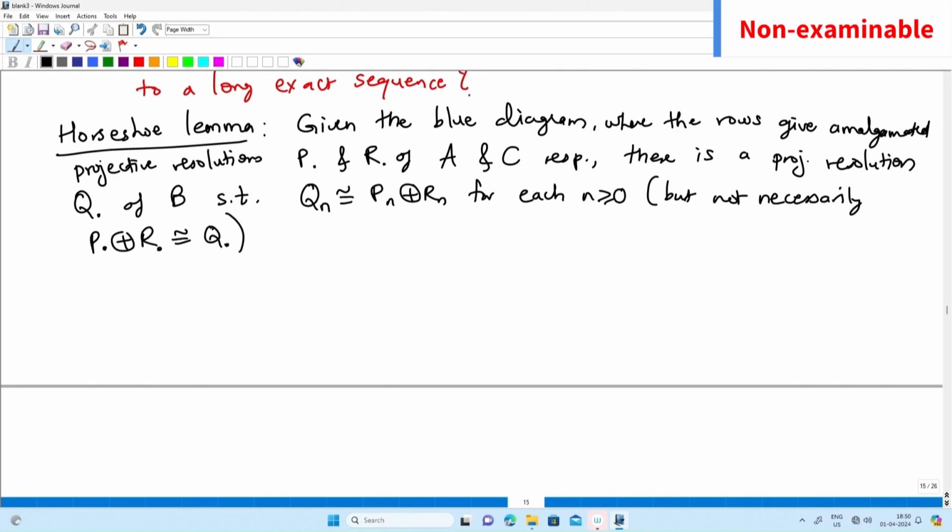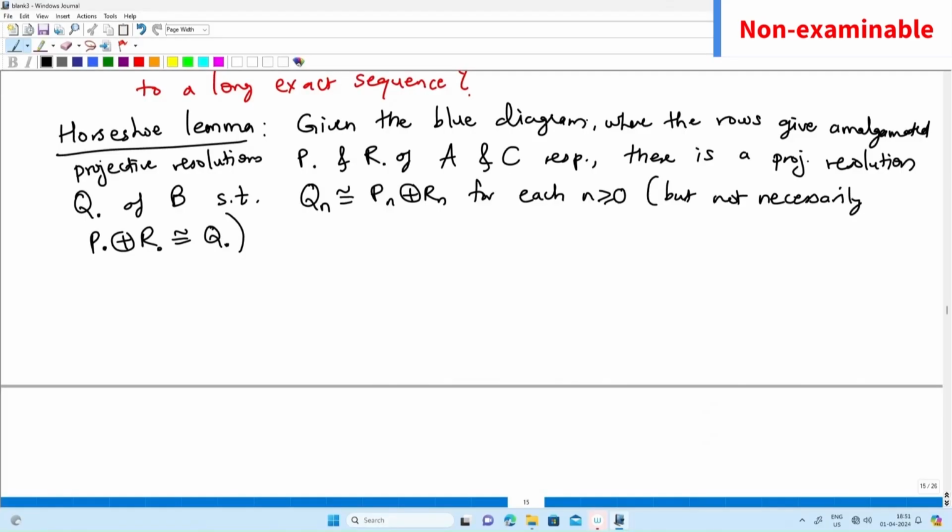Okay, so I am saying that I have a direct sum of projective modules at each component, but I do not have a direct sum of chain complexes. So, blue diagram with exact rows and columns.